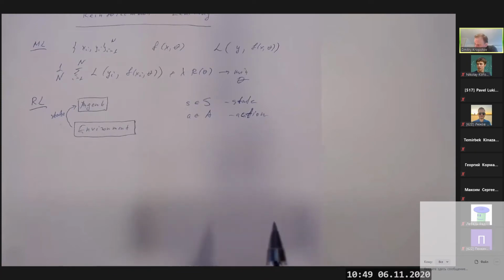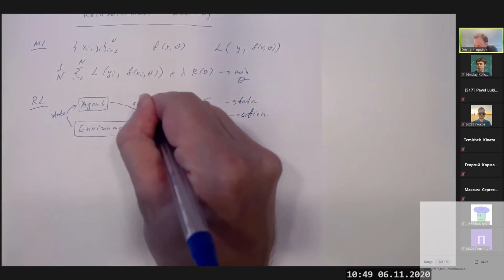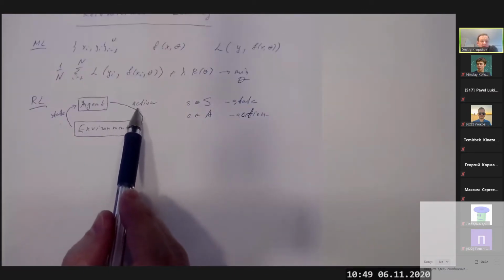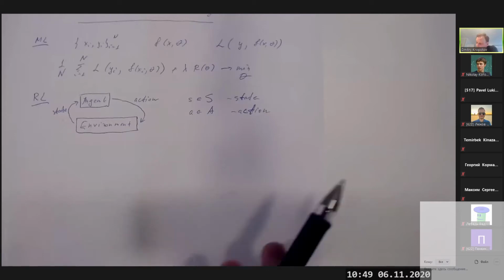And so our agent makes an action. And our environment reacts to this action in two ways. First, it transforms to some new state.